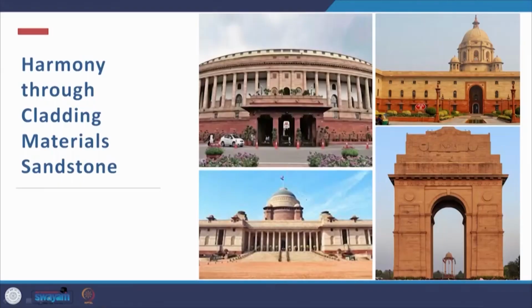The elements that are used there are neoclassical, but one more way of uniting them together is the cladding material. Sandstone has been used either in this darker red color or in this lighter color, and these are the sandstone materials we will find recurring in the works of modern architects like Raj Rewal, who have also used them in one way.